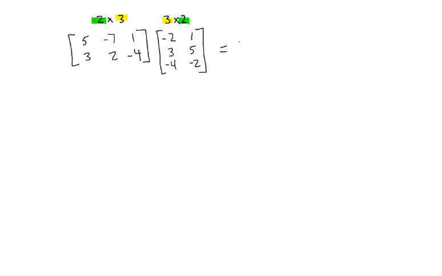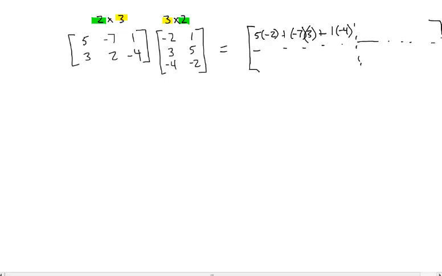So in order to get row 1, column 1 in the answer matrix, we're going to have 5 times negative 2 plus negative 7 times 3 plus 1 times negative 4. And you don't have to put the dashed lines. I'm just trying to make sure that we're clear what numbers are going where while we're working through these first couple. So in the next, we want to get row 2, column 1.